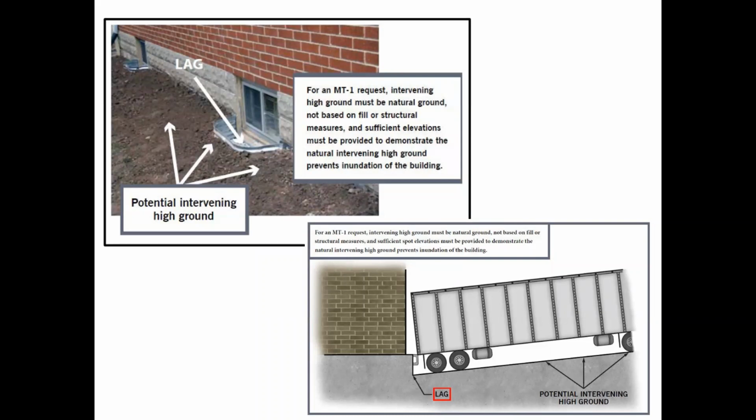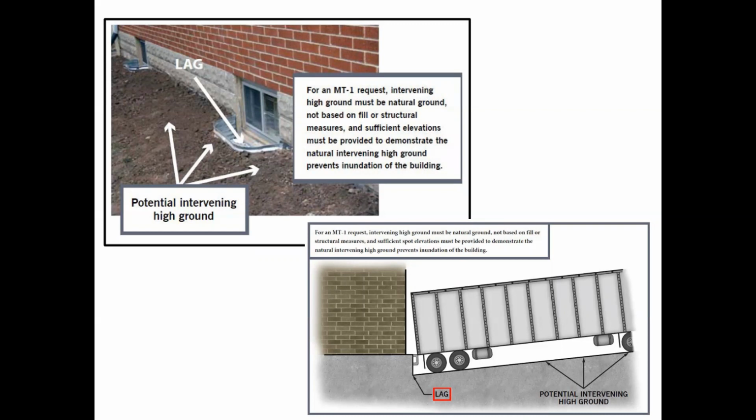And then there's another example with the raised slab on grade building. It's like a loading dock. There are loading bay doors where the brick is, and then the semi truck can back up so they're even with each other, and they can very easily load and unload equipment. The lowest adjacent grade is pointed out there, and that's the bottom where the flood water would be touching the foundation of the building, and that's why that is the lowest adjacent grade at the bottom.